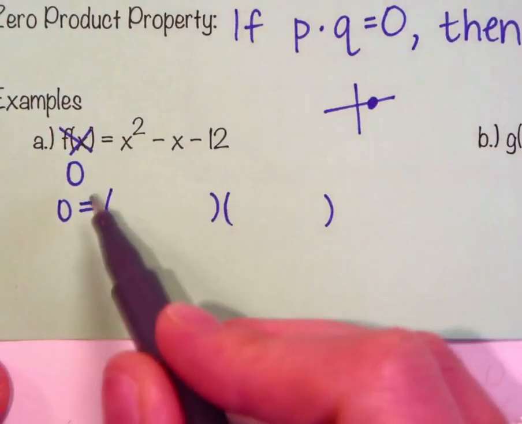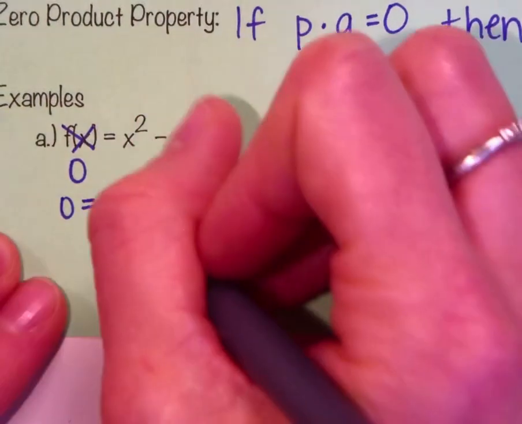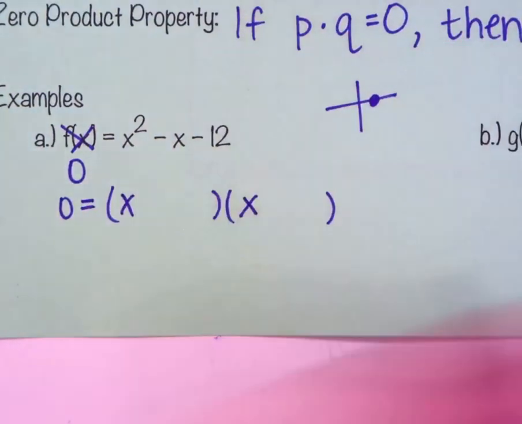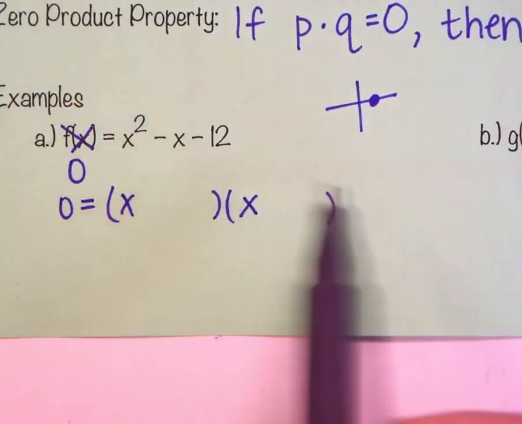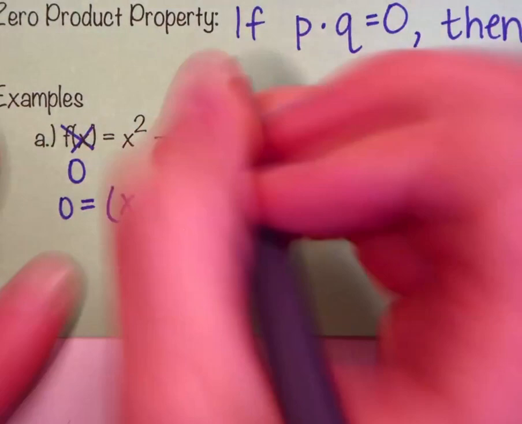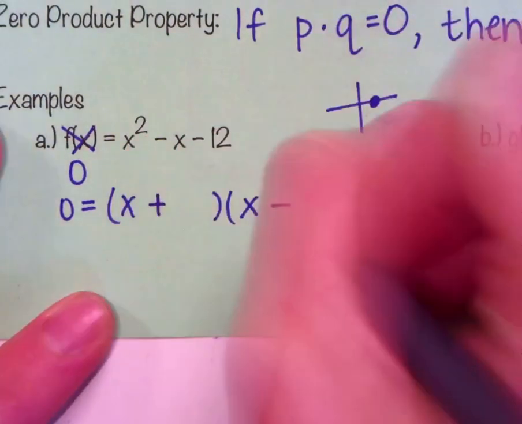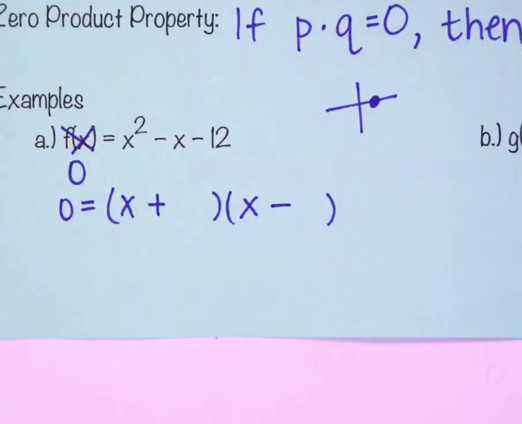These are a little bit easier because I know to get x squared, both of these have to be x. I know if these last two numbers have to multiply to negative 12, one quantity has to be positive and one quantity has to be negative. And now I need to think about factors of 12 that add to negative 1.